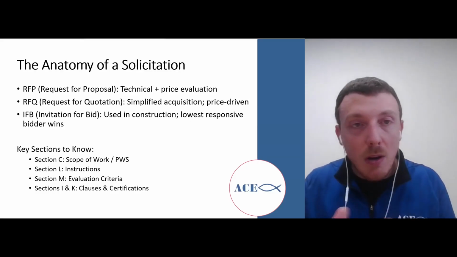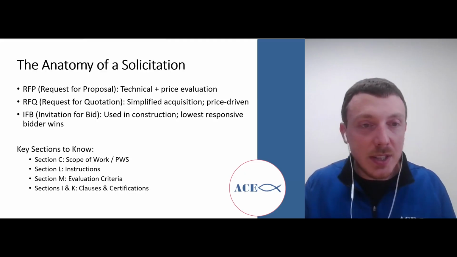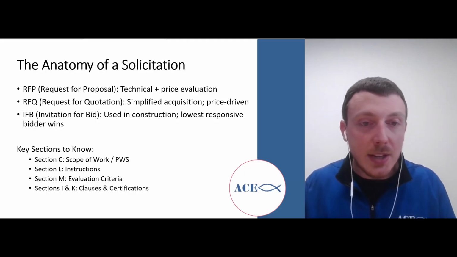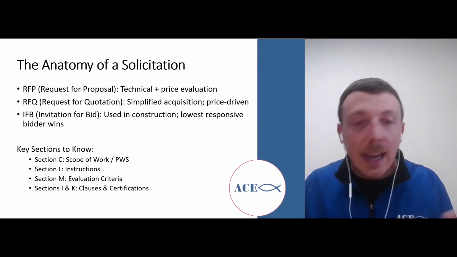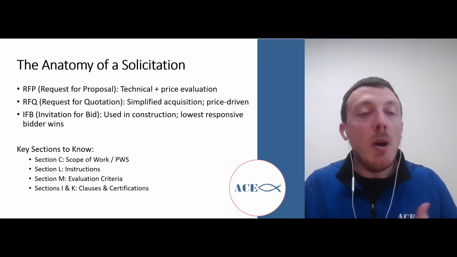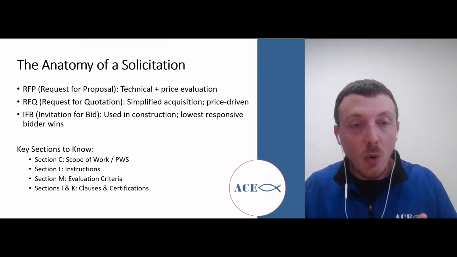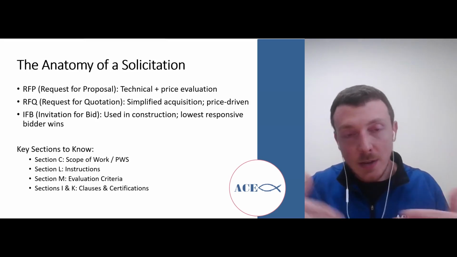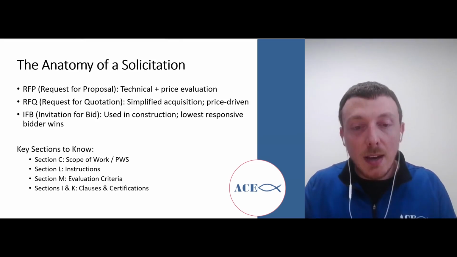The next part of the overall anatomy of a solicitation is that it breaks down into certain sections. The ones I've called out here, sections C, L, I, and K, are probably the most important sections, especially for government bids, government solicitations. And I use those terms, bid and solicitation, interchangeably. But see, there you go again.